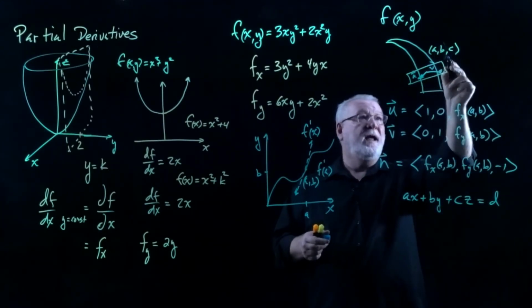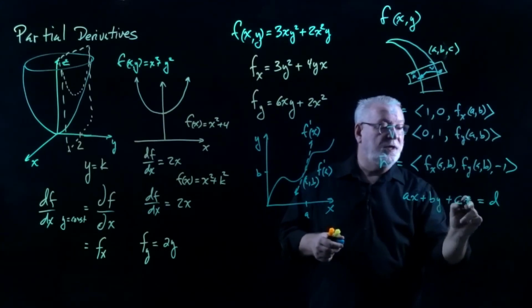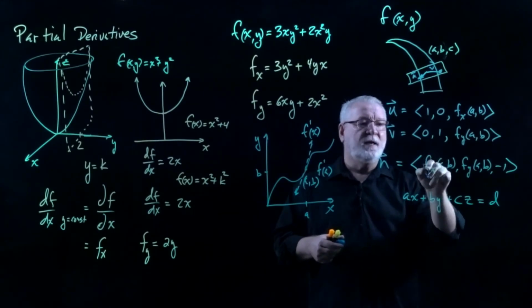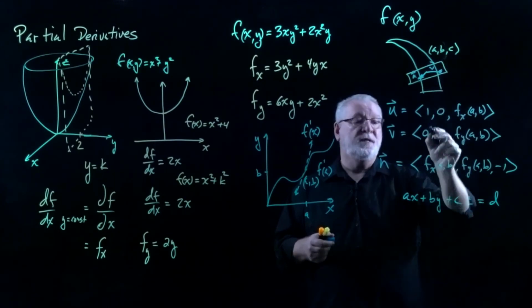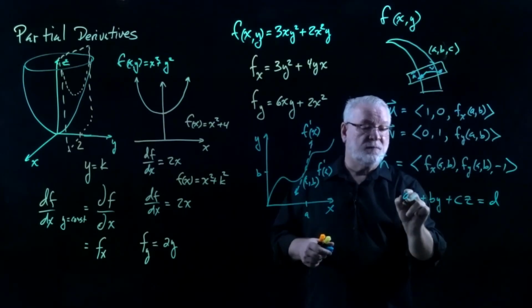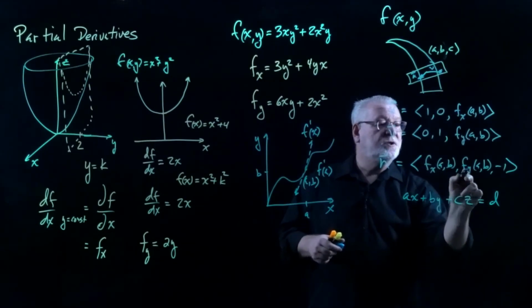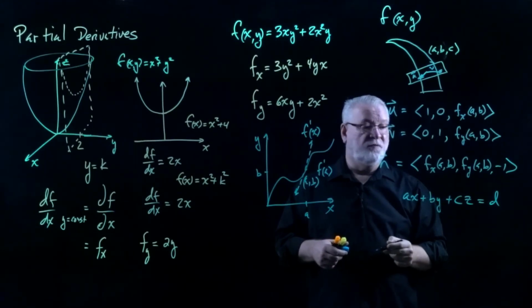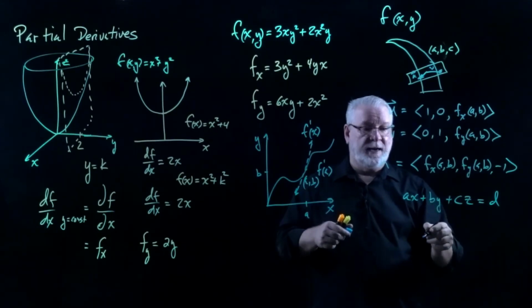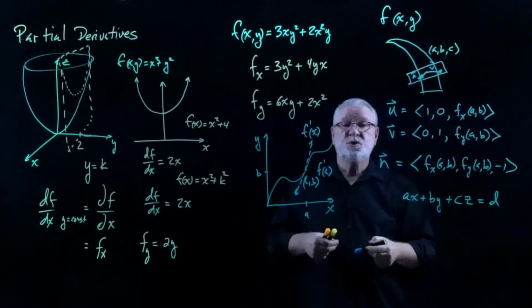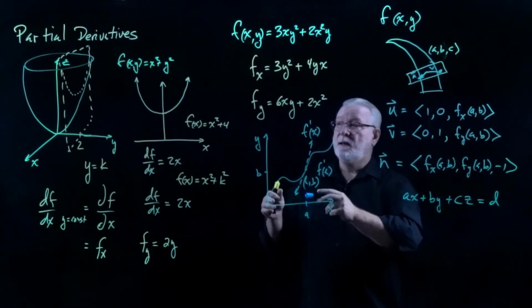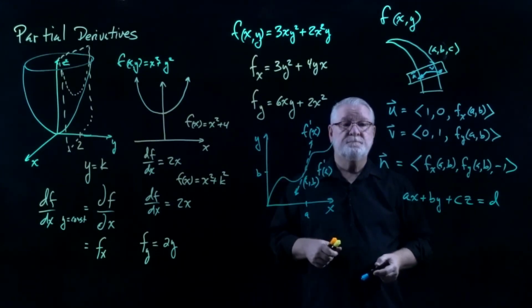And the point ABC can then be substituted in for x, y, and z. I made an unfortunate choice here because I chose the point at the location to be ABC. And of course, we know in the equation of the plane, the a, b, and c are actually the direction numbers provided by the normal vector. But you'll be able to figure that out. In essence, that's how you find a tangent plane to a point on a 3D surface.